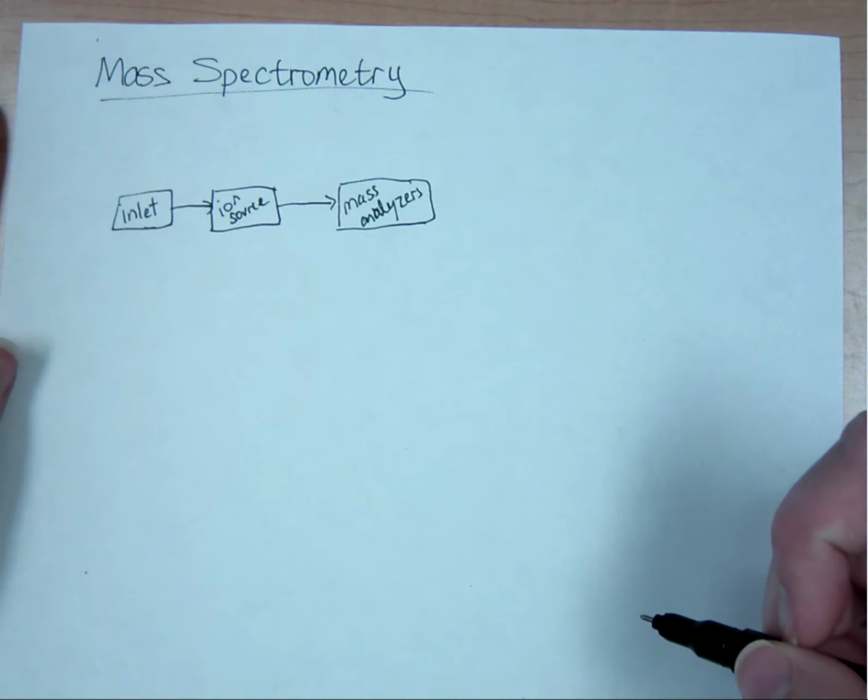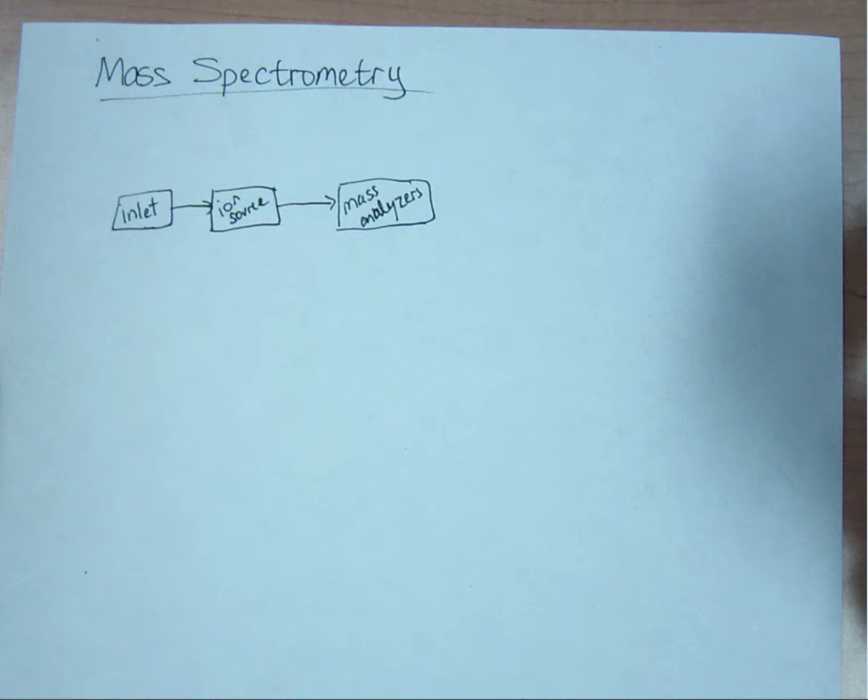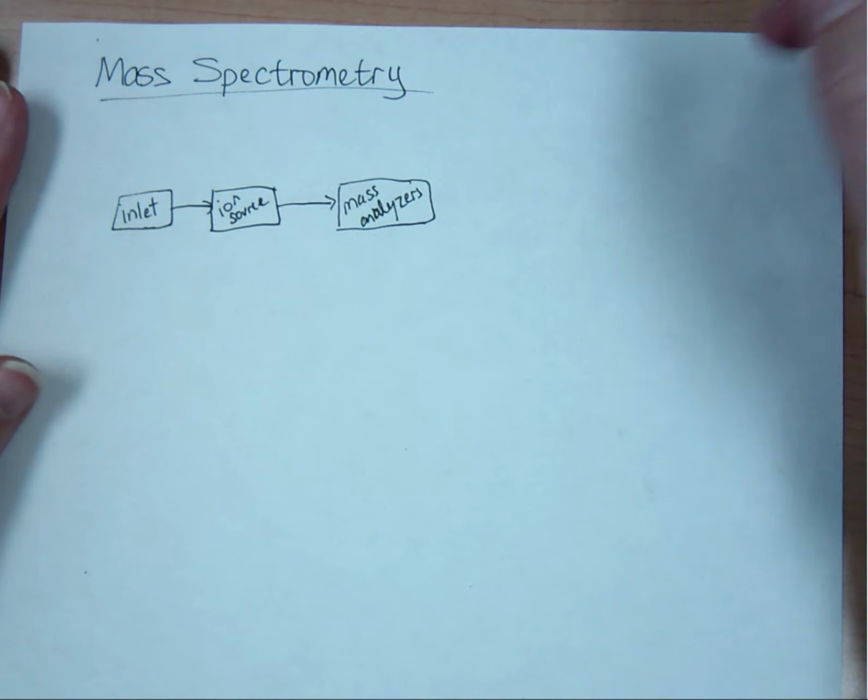So unlike chromatography, which would separate ions based on things like polarity or boiling point, this is going to separate ions based on the mass to charge ratio. So any of the ions that leave the ion source are going to be separated in the mass analyzer.